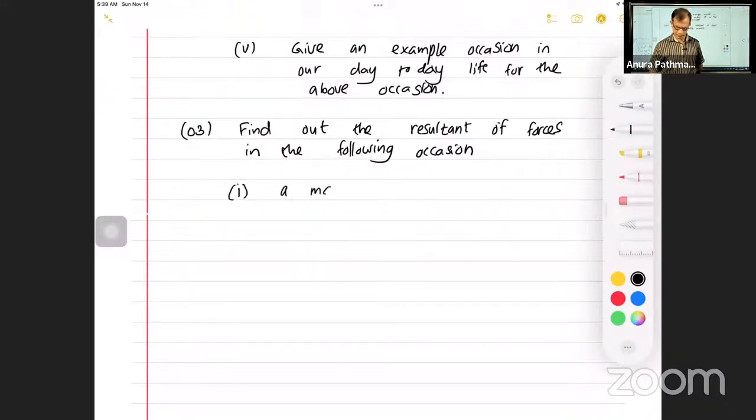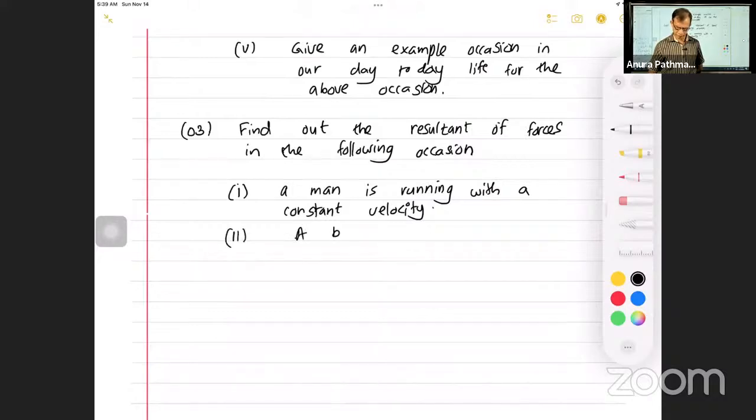A man is running with a constant velocity. 2.